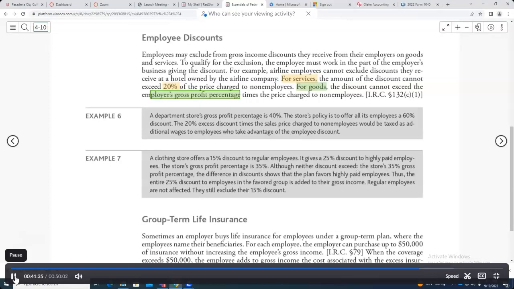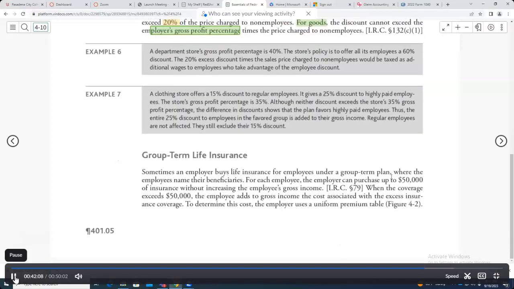Although neither discount exceeds the 35% gross profit percentage, the difference in discount shows that the plan favors the highly paid employees. Therefore, the entire 25% discount for employees in the favored group is added to the gross income for those favored employees. Regular employees are not affected. It's free for them, non-taxable. Make sense?